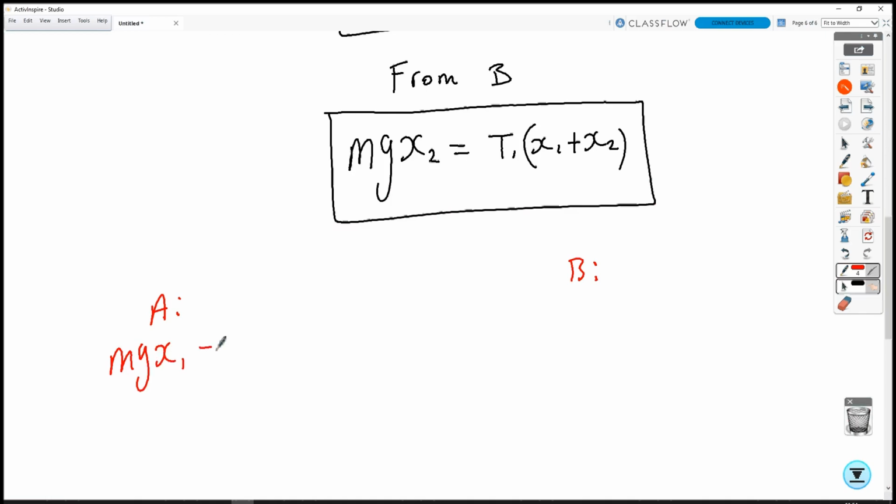So mg x1 equals T2 times x1 plus x2. And underneath that, I'll put my numbers in. 50 times 9.8, which is roughly 10, times x1, which was 2, is equal to T2 times x1 plus x2, which is 2 plus 4, which is 6 meters.